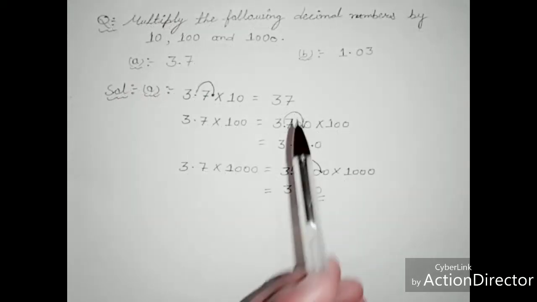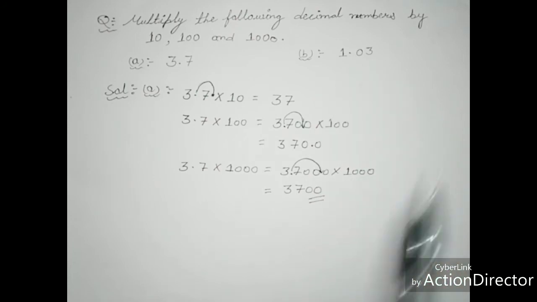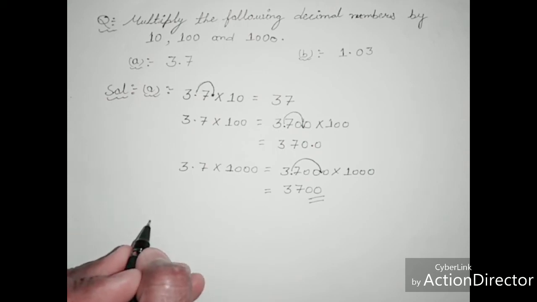Now example number B, 1.03. Here we multiply 1.03, first by 10, then 100 and then 1000.